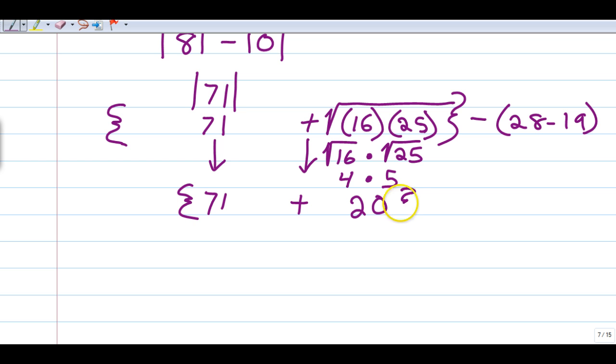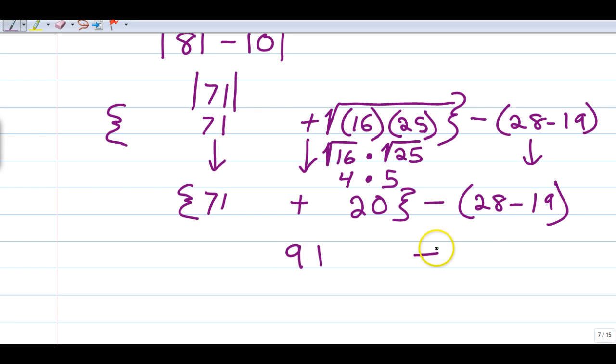We still have that plus. So we'll put that back inside its brace and carry down that minus 28, the difference of 28 and 19. Let's continue. We haven't quite cleared that first grouping symbol yet. So we have a 71 plus a 20. 71 plus 20 equals 91.